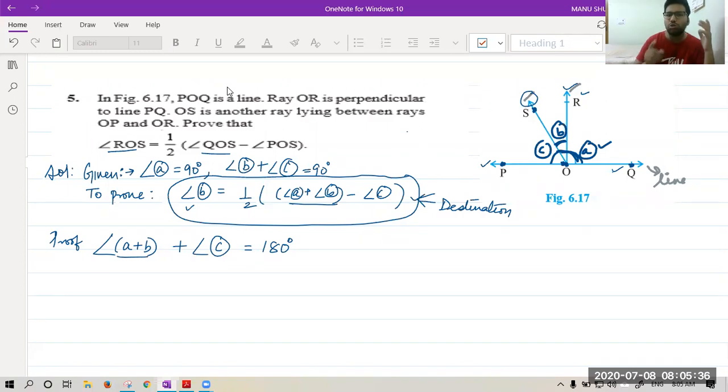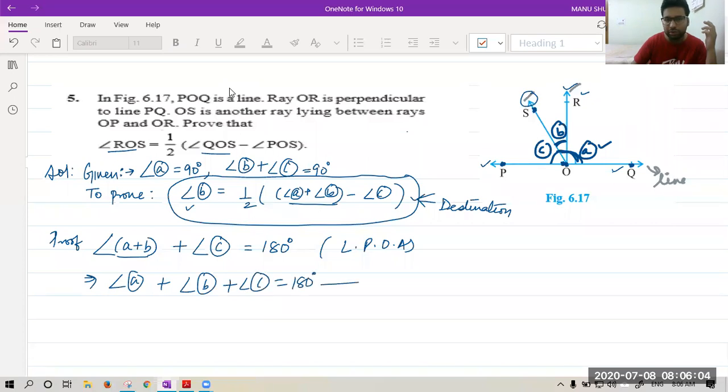I am showing this just to show the linear property, since linear property is defined for two angles. By the property of linear pair of angles, it can also be written as angle A plus angle B plus angle C is equal to 180 degrees. This is our equation 1.